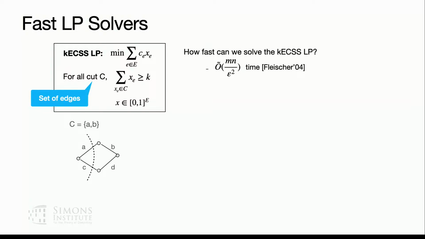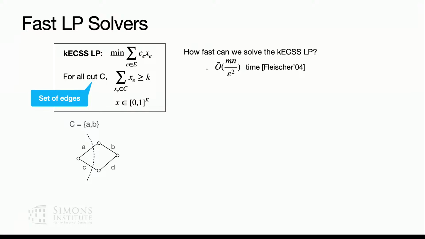So there's an upper limit, the box constraint, here. And for the purpose of this talk, when I say cut, I mean a set of edges instead of a set of nodes. So for example, when I say cut AB, it literally means just 2 edges there.